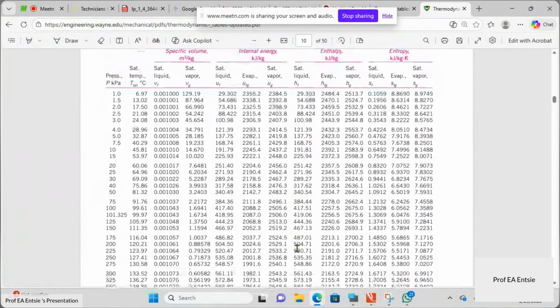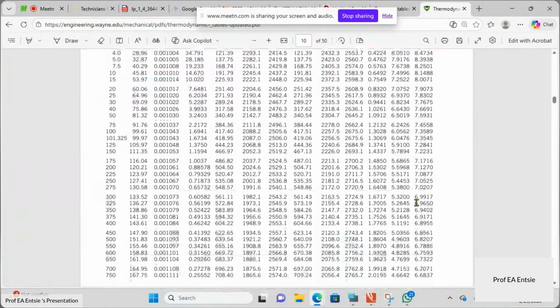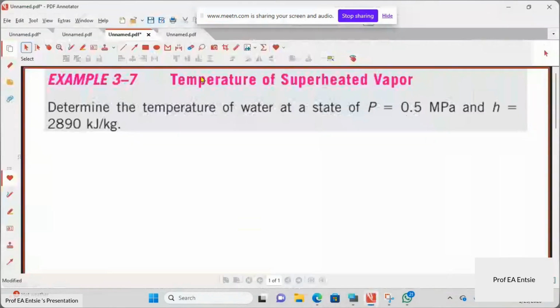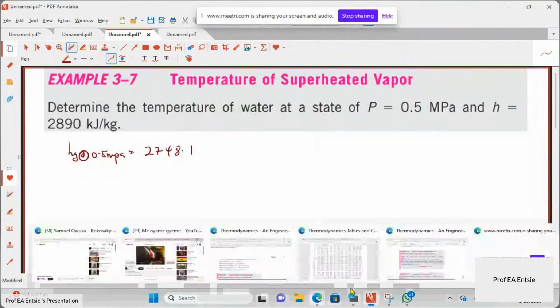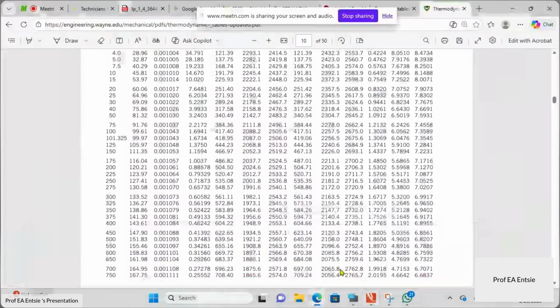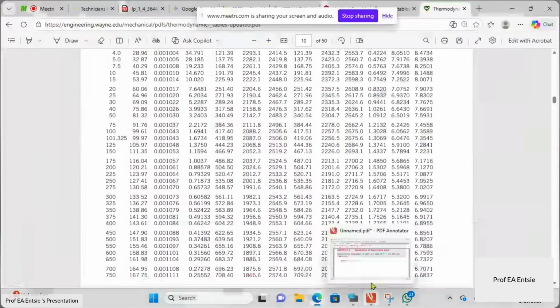It is this column here. 500 kilopascal is 2748.1. So Hg at 500 kilopascal is 2748.1, right? Is it 2748.1? Yes, 2748.1. So that's what we had.